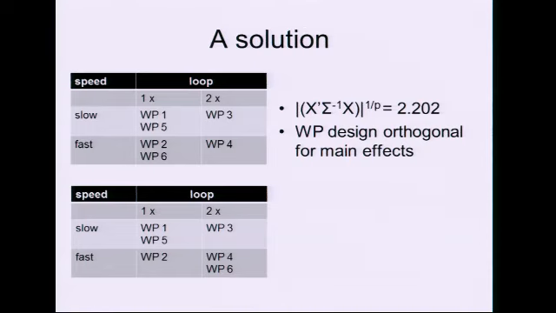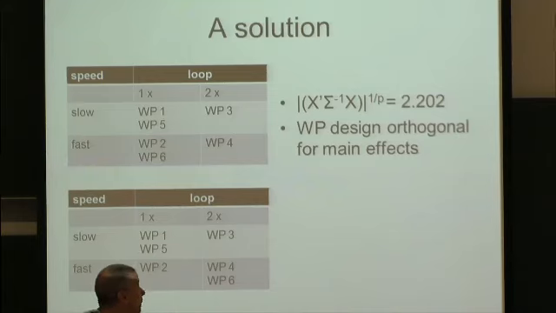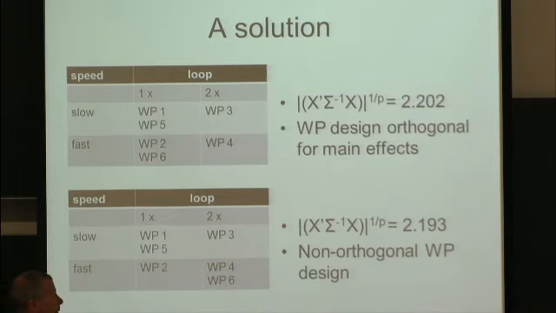This is a usual representation of this criterion. It makes nice, neat little figures instead of those big scientific notation figures. So the result is 2.202 for the first design and 2.193 for the second one.